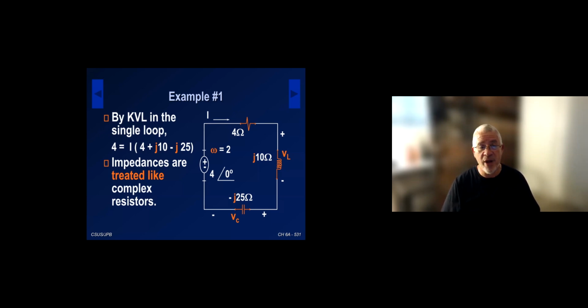So you have 4 plus j10 minus j25. At this point, I'm going to calculate the current I, and then VC and VL and whatever I need to calculate.